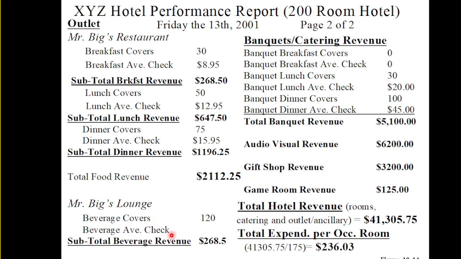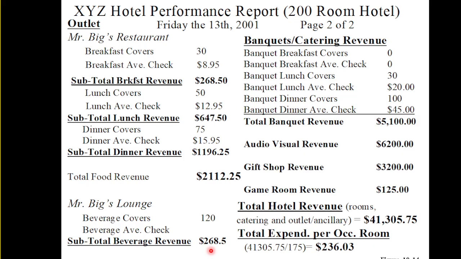Okay, for beverage covers, we have 120 packs, and a total of $268.50. How did we come up with $268.50?